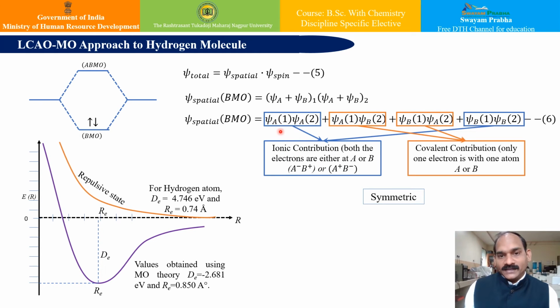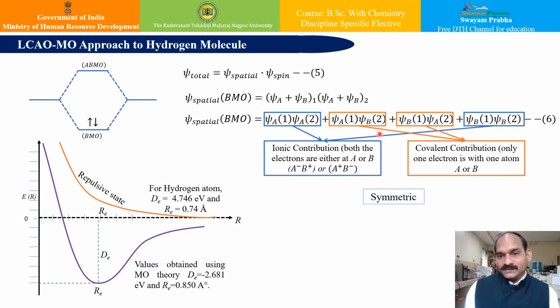If you look here carefully, the first electron is assigned to atom A, and if the second electron is also assigned to atom A, or in the contrasting case both electrons are assigned to atom B, that is hydrogen atom B, then the wave function will be ionic, because both electrons are with either A or B. If both electrons are with A, it will be A minus and B plus, and if both electrons are with B, it will be A plus and B minus.